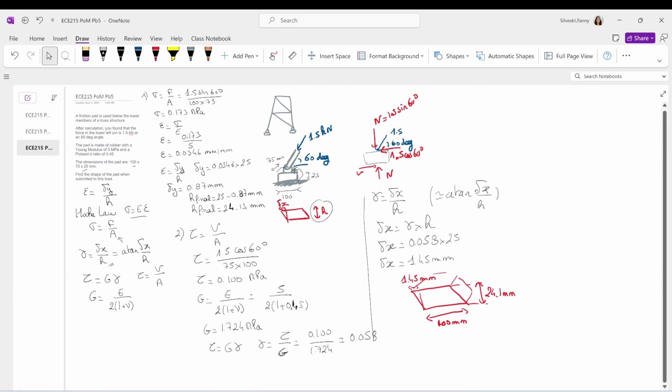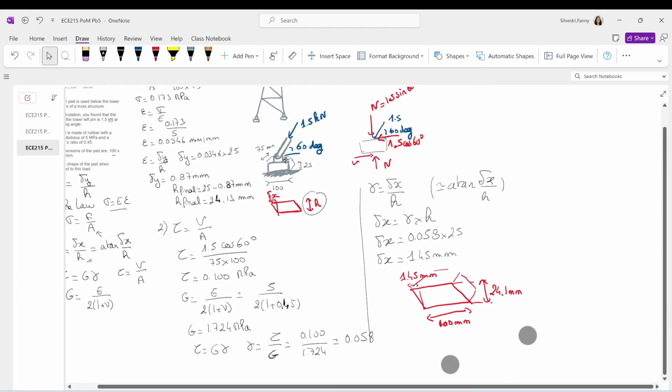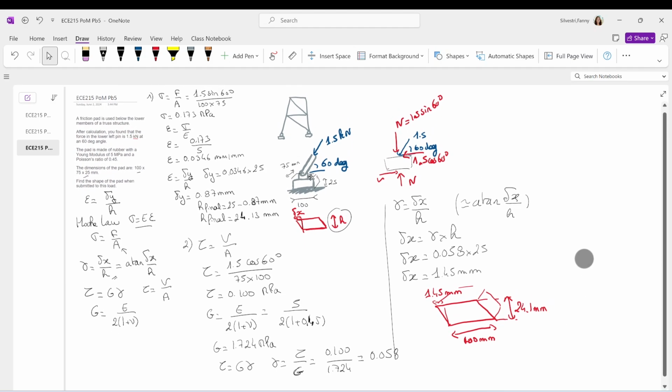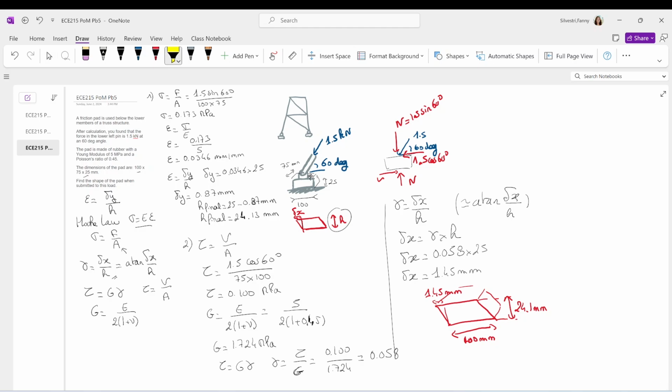Okay, so that's the step that we did. Make sure that you have all the formulas available and see what you have and what you want. In our case, we have some information on forces, some area, and we also have the Young's modulus and the Poisson ratio that were provided. We were able to find easily the shear force and this area.